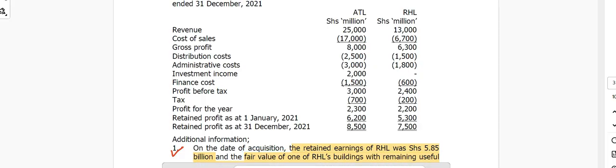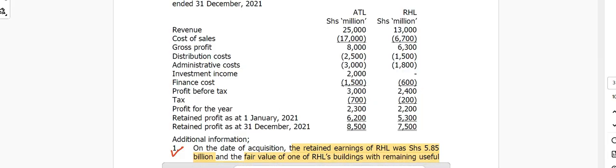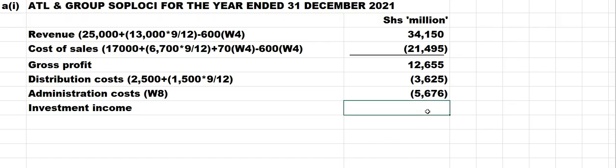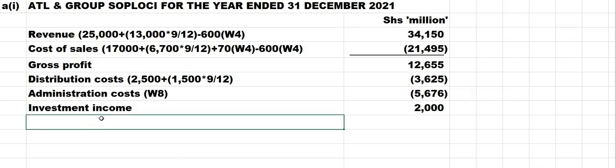Then I see we have investment income, and under the investment income I see we only have that of the parent, which is 2000. Then from the investment income, you have the finance costs.